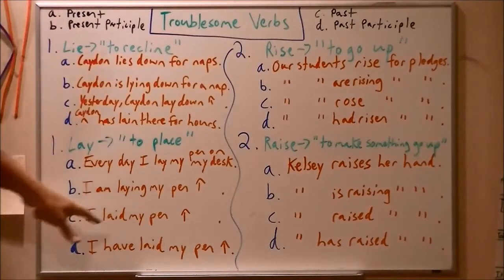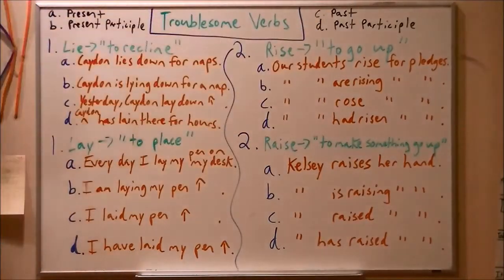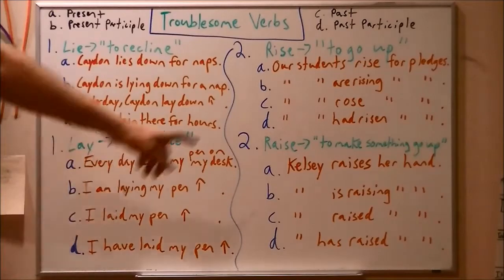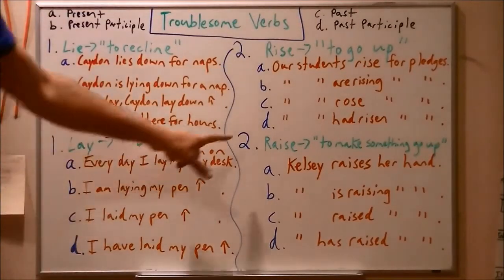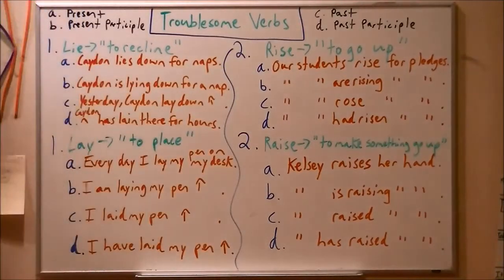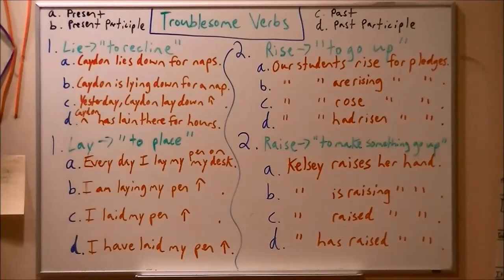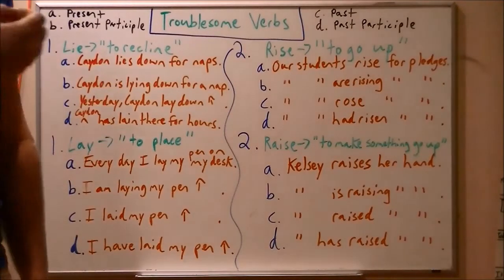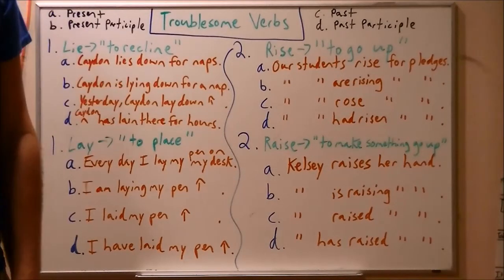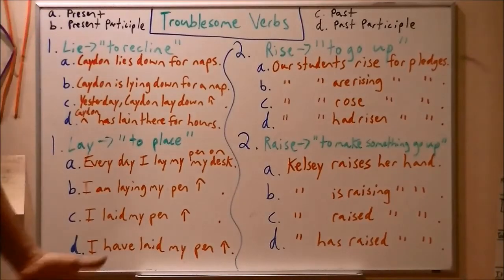All of the C's will be past tense. And then all of the D's will be past participles. Okay, we all right with that? Basically a past participle is just the past tense, but with a helping verb, okay? And that's what we're going to do with each one of these.